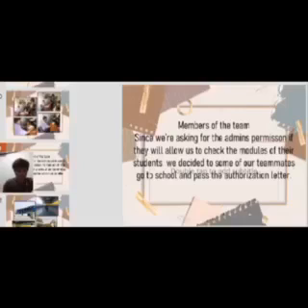And last December 1, 2021, some of our teammates went to the school where our project proposal will be conducted. As you see, here are some of the photos as proof that we went to ask permission from the admins of the school and disclose our project proposal so that they can allow us to check the modules of their students.